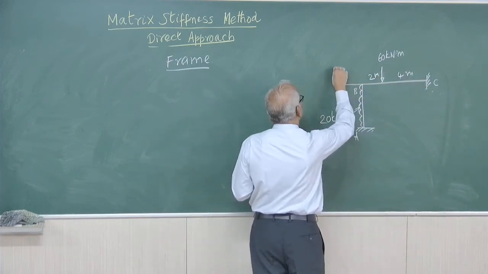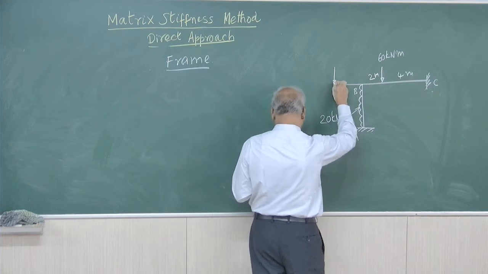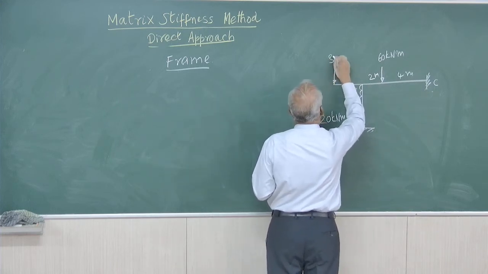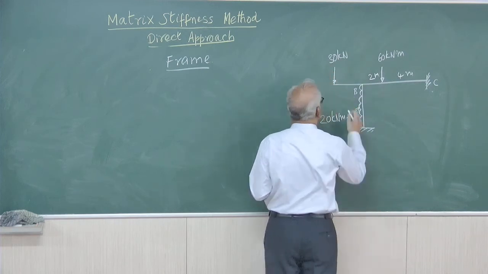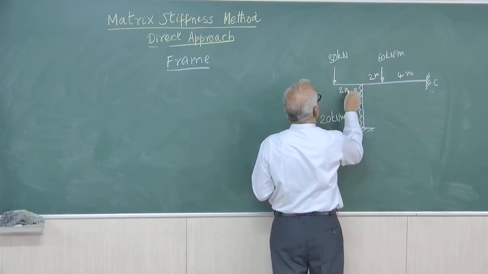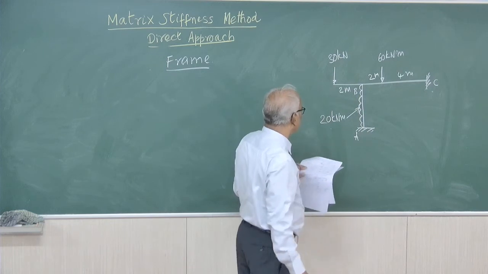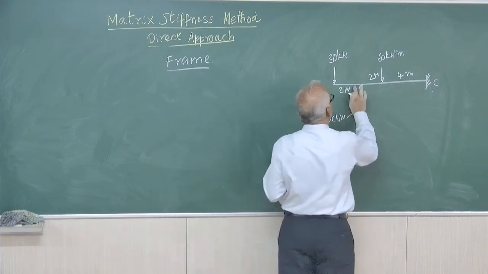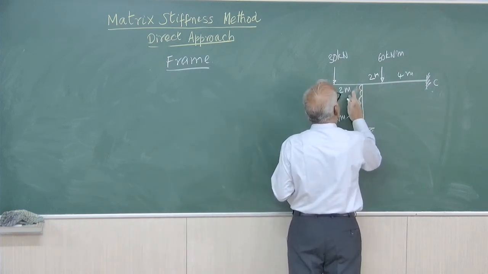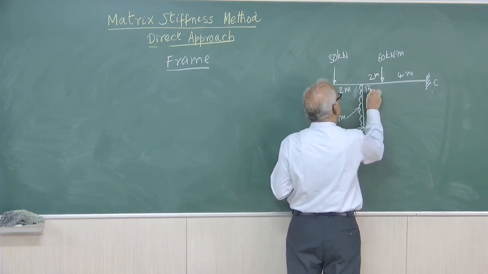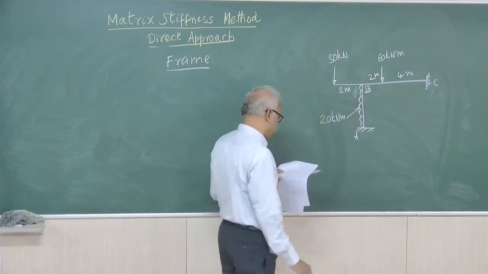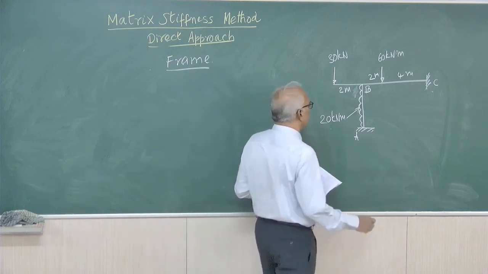Now, there is a concentrated load of 30 kilonewton, and this portion is of length 2 meters. So, this is the beam, B, and EI is uniform.